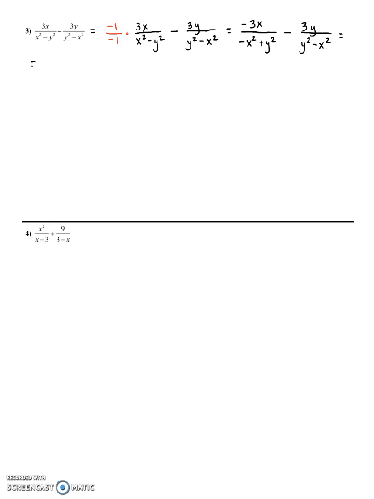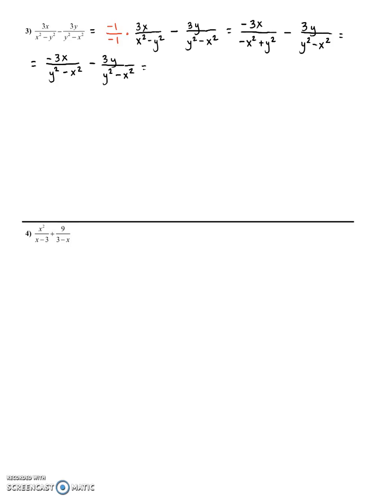Okay, now remember we can add numbers in any order. So -x squared plus y squared is really the same thing as y squared minus x squared. And now we're in great shape because now our denominators look exactly the same.